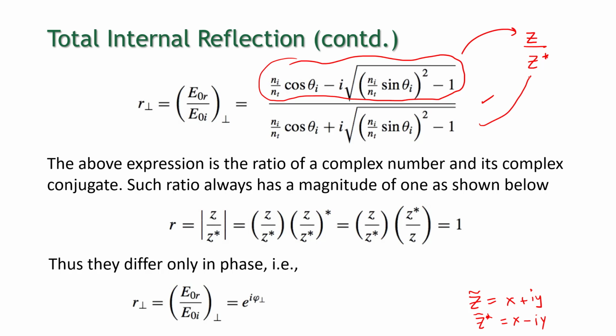So this would be z star, and the magnitude of this ratio is always 1. If you have the ratio of a complex number and its complex conjugate, the magnitude of that would be 1. You can show that very easily in this way.